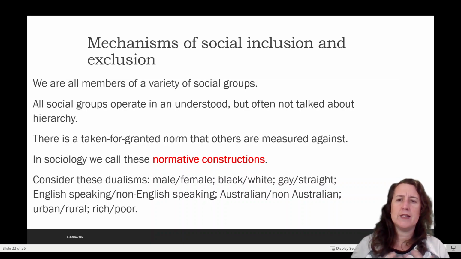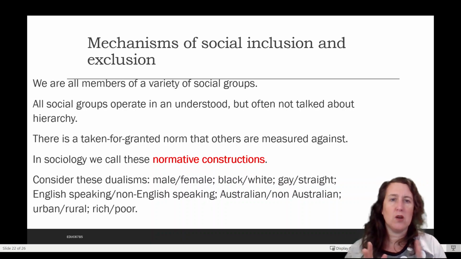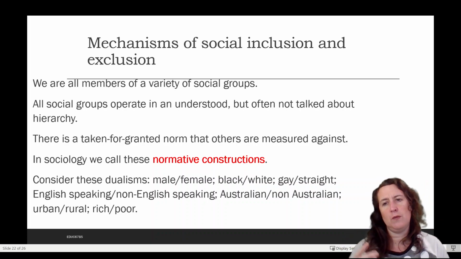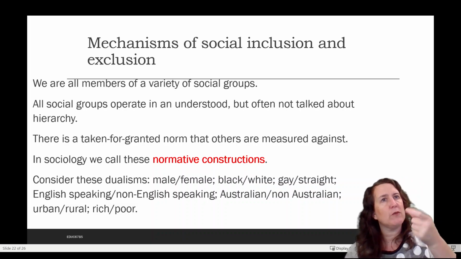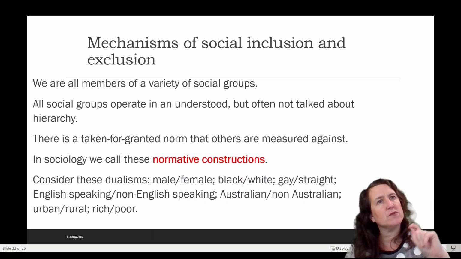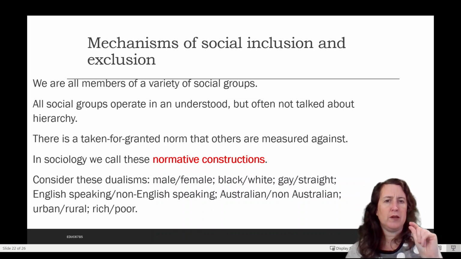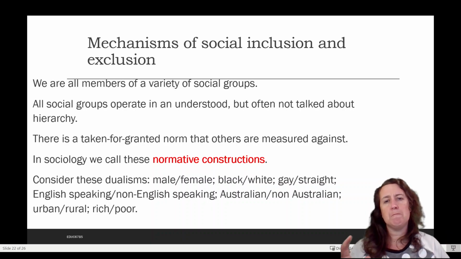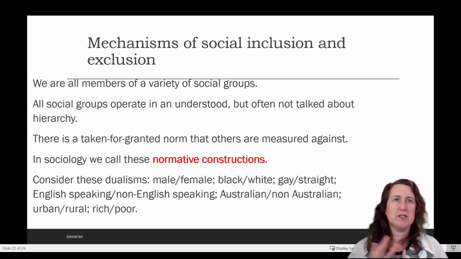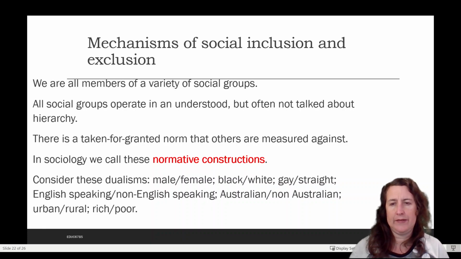So think about these dualisms: male, female, black, white, gay, straight, English speaking, non-English speaking, Australian, non-Australian, urban, rural, rich, poor. So we can see that we've got ways of dividing people into different groups, and often in those divisions, one part of that dualism is valued more highly than the other.